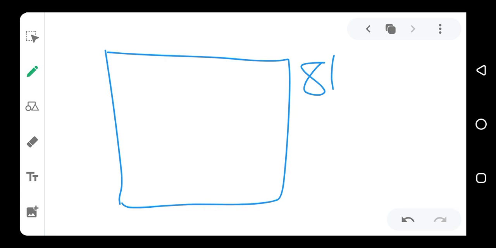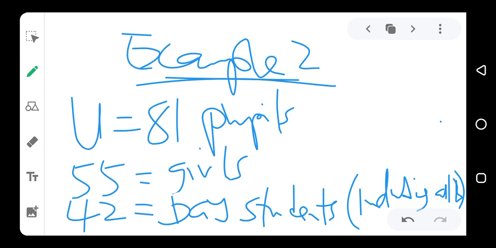Then in this universal set we have girls, and the girls there is 55 pupils.